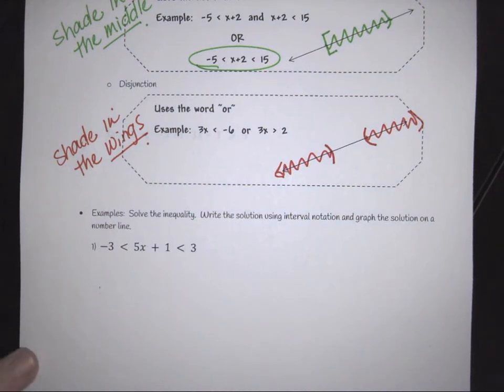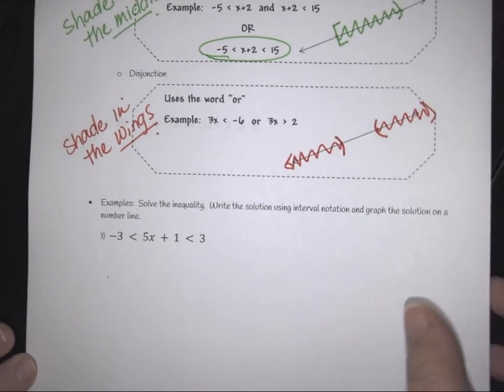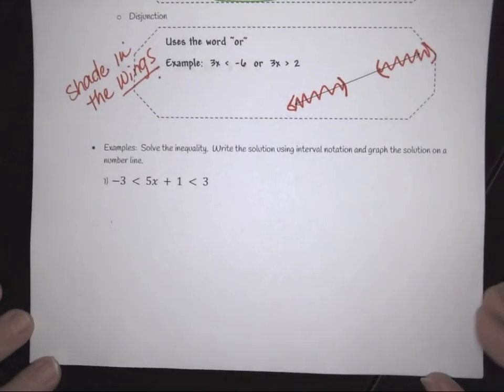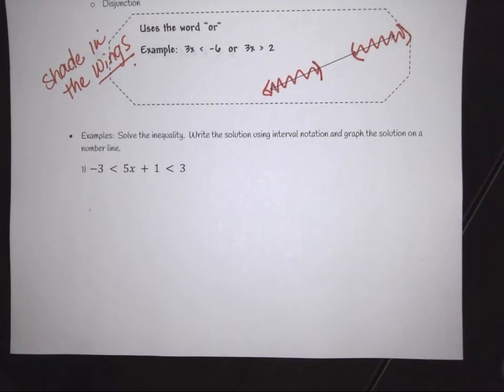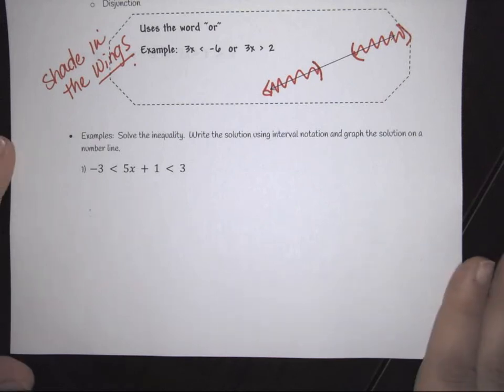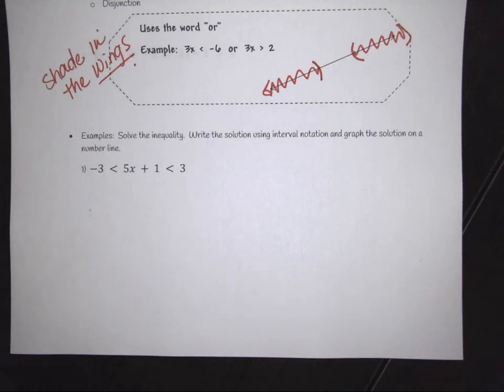Now, when you're solving conjunctions, you are not going to be told within the problem whether you have an and or an or. Instead, you have to look at the problem and decipher whether it is an and or an or. And then, just like before, you need to write your answers in interval notation and state those solutions on a number line.